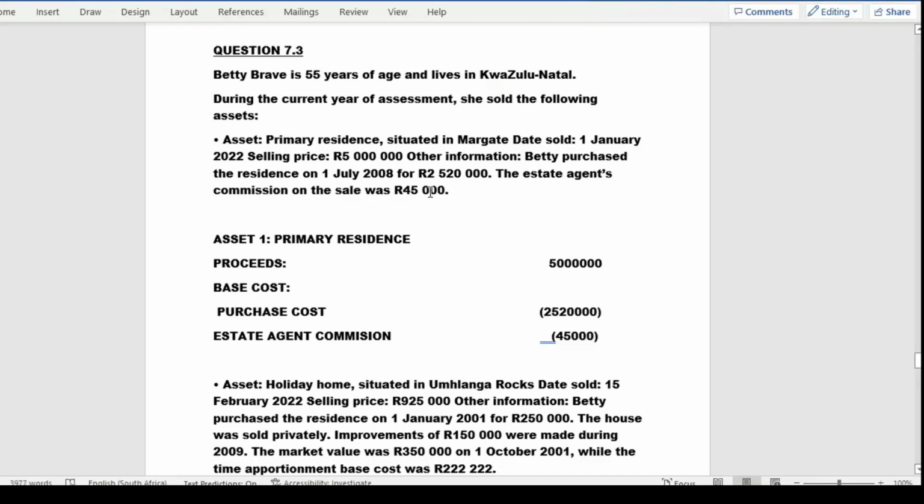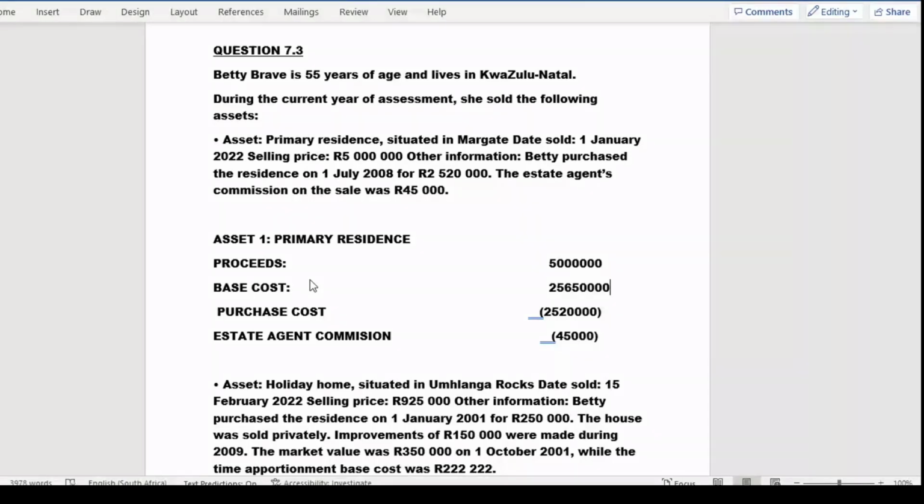Can somebody give me that figure, please? 256,500. 2,565,000. Thank you. That's going to be your total base cost.